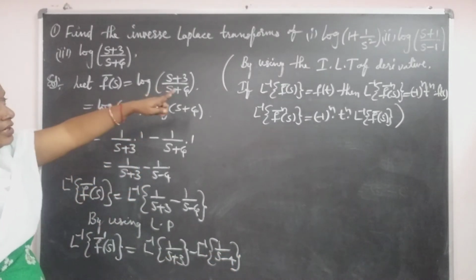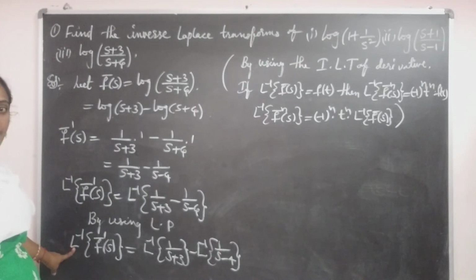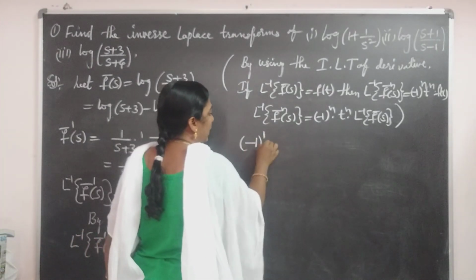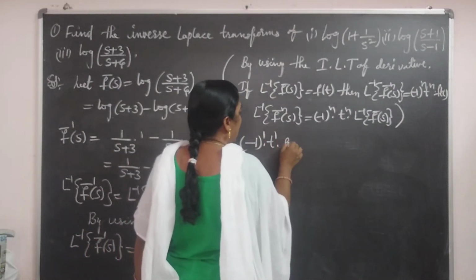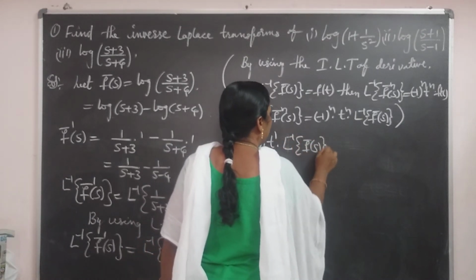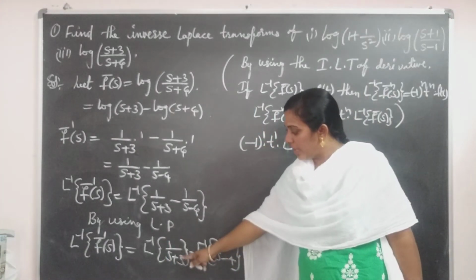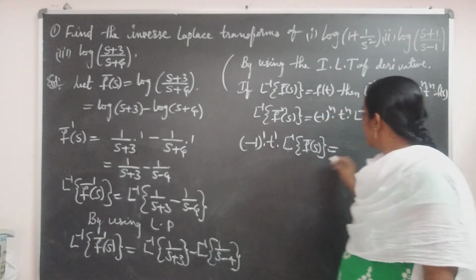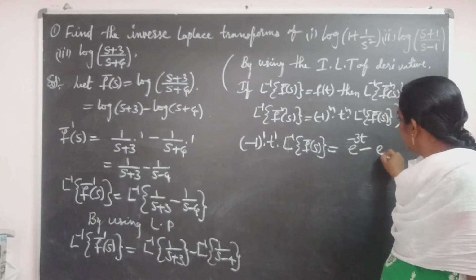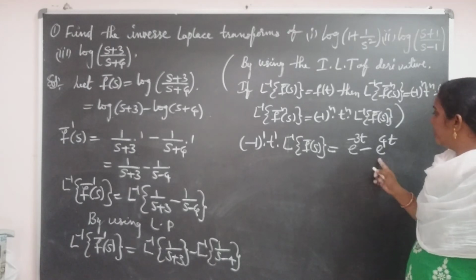By using the inverse Laplace transform of derivative, this L inverse of f bar dash of s can be written as minus 1 whole power 1 into t power 1 into L inverse of f bar of s, that is equal to, by the inverse Laplace transform property, 1 by s plus 3, here plus 3 means e power minus 3t, minus e power minus 4t, since plus 4 means e power minus 4t.